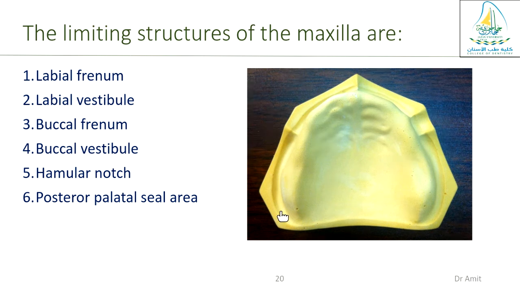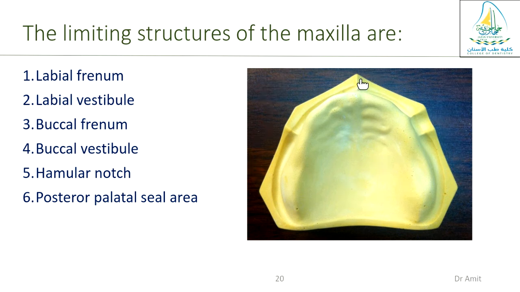Then in the posterior part, we have the maxillary tuberosity here. I'll be discussing that in the supporting area. We have the maxillary tuberosity here, and we have a hamular notch. A notch which is present behind the maxillary tuberosity is known as hamular notch. And in the center we have the posterior palatal seal area. So all these structures are the limiting structures for the maxillary arch, same on the other side.